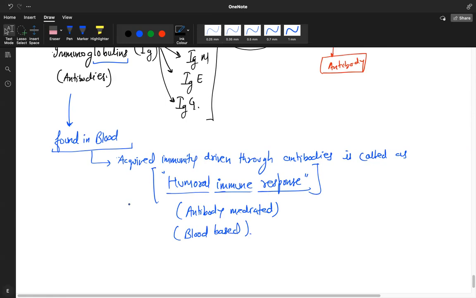Yes, sir. And this humoral immune response is majorly mediated by which? It is mediated by B lymphocytes. Okay.